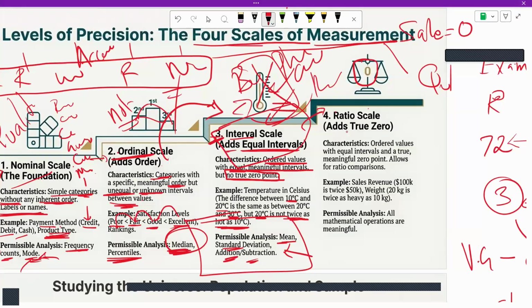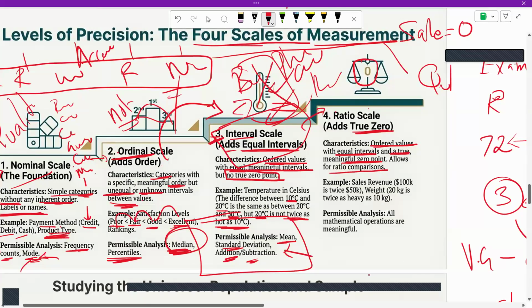It's the advanced level. It has a true zero. The characteristics: ordered values with equal intervals, and a true, meaningful 0 point. It allows for ratio comparison.